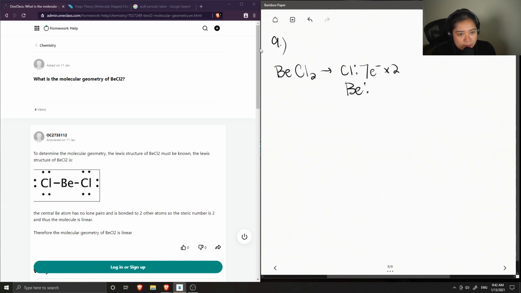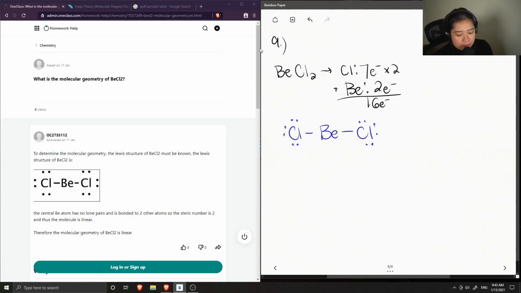And beryllium only has 2 valence electrons. So if we were to draw out its Lewis structure, we would just have our single bonds to the chlorine, and if I showed all the lone pairs on chlorine, then we already have our 16 electron count.